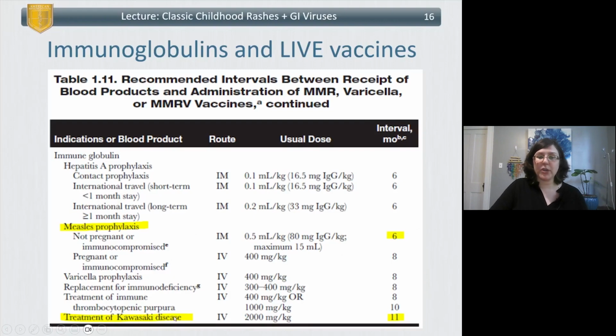We talked about the treatment of Kawasaki disease. You need to wait 11 months. But the other one that may be more and more relevant now is after measles prophylaxis. That's going to be a different dose than we give to children with Kawasaki or MIS-C. Because of that, you don't need to wait as long. The recommendation is to wait 6 months.